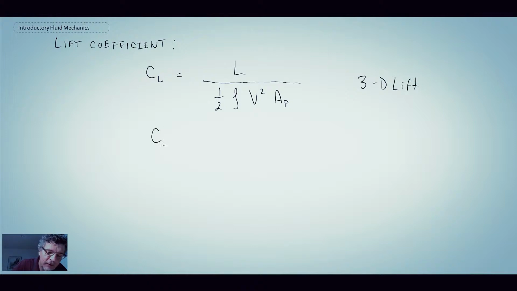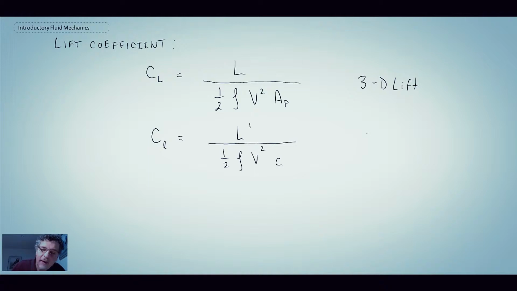And if you are only looking at a cross-section of an airfoil, so not a three-dimensional section, then we would use L prime to denote lift per unit length, and dividing by, again, the dynamic pressure, and we would use the chord for the length.